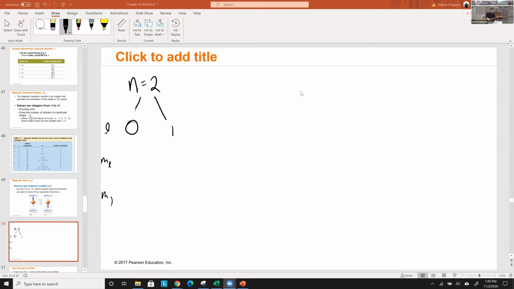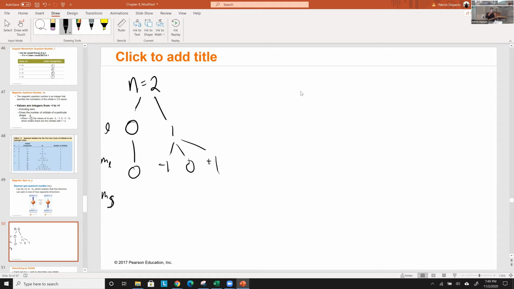For L equals 0, the range for ML is from -0 to +0, which just means 0. So ML is only going to be 0. For L equals 1, we have from -1 to 1. So this means -1, 0, +1. Then for MS.